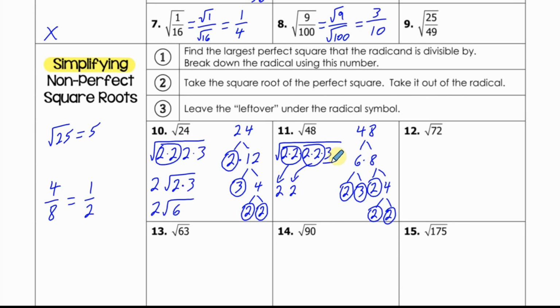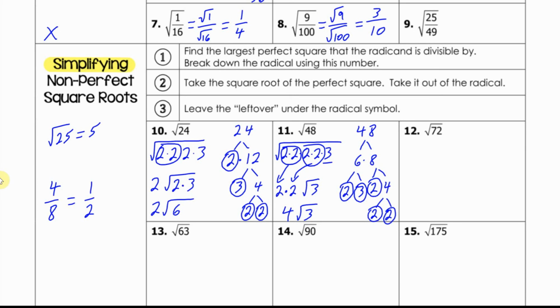And this 3 does not have a partner. It has to stay put. Now, what do you think I'm going to do with these 2s? Well, everything up here was multiplication, right? So, of course, it's going to remain multiplication. And so now I get 4 square root of 3.